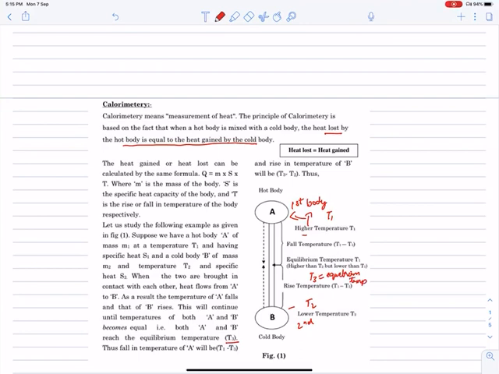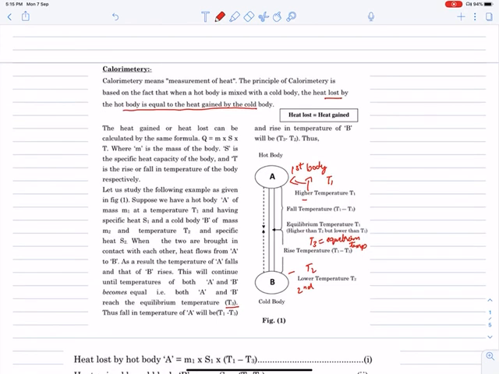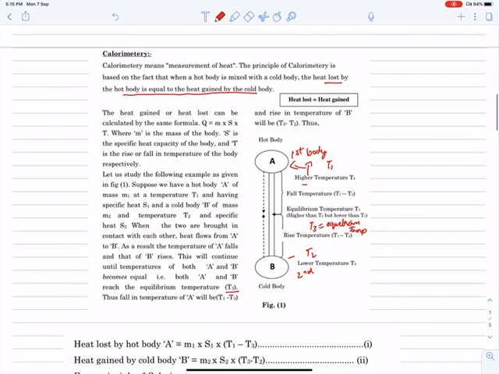It is very easy to understand. Now obviously when one body loses heat, we say heat lost by body A, and B is gaining heat, so we say heat gained by body B. First body will lose temperature, so there is a fall of temperature.